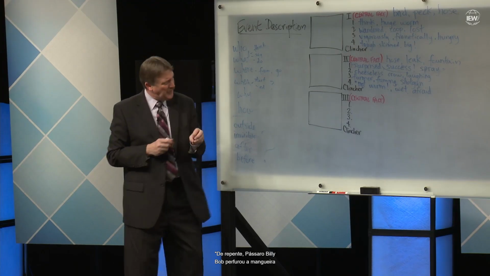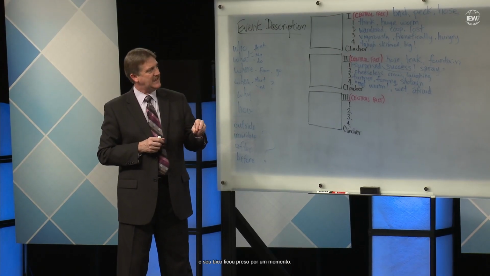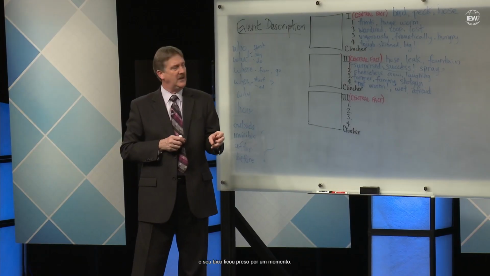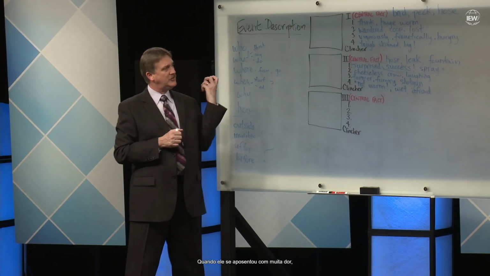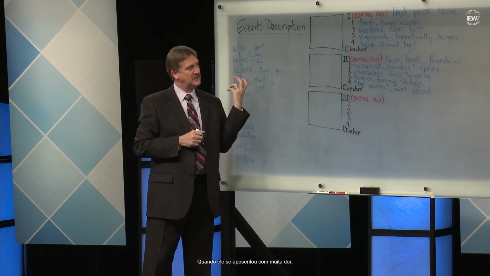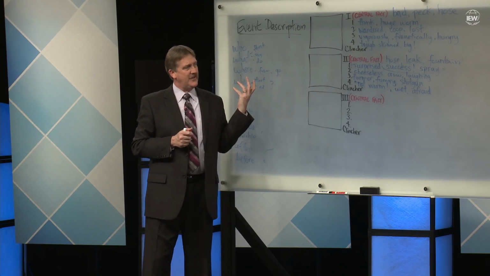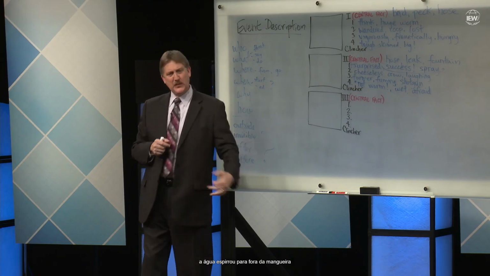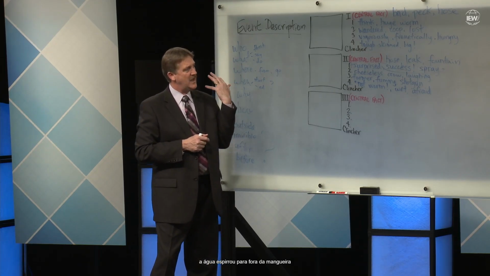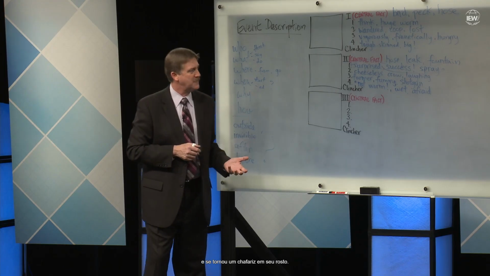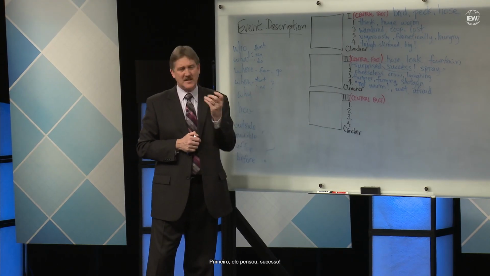Suddenly, Billy Bob Bird pierced through the hose, and his beak was stuck for a moment. When he ripped it out with great pain, the water sprayed out of the hose and became a fountain in his face. At first, he thought, success!